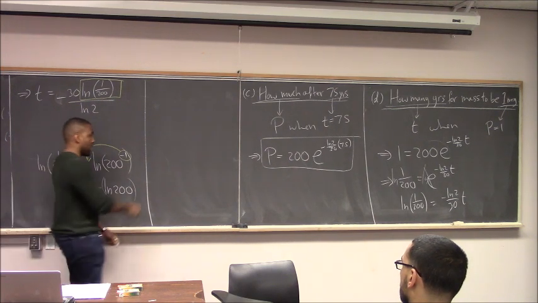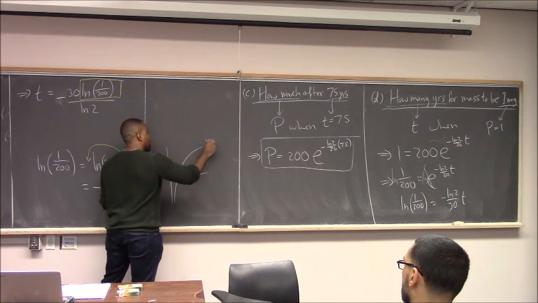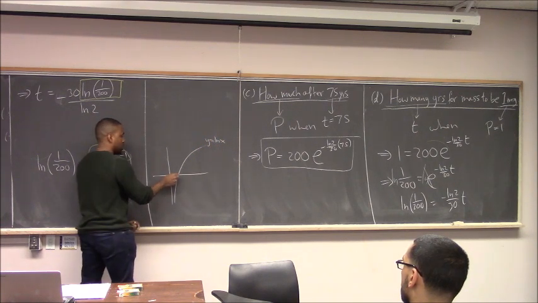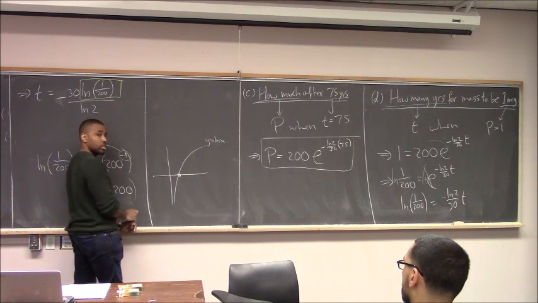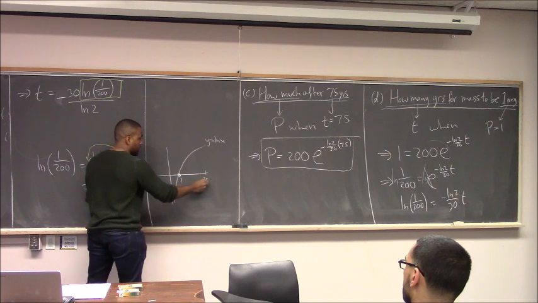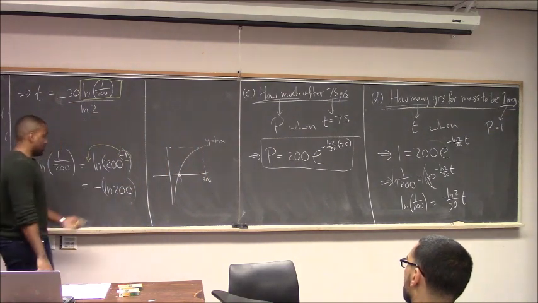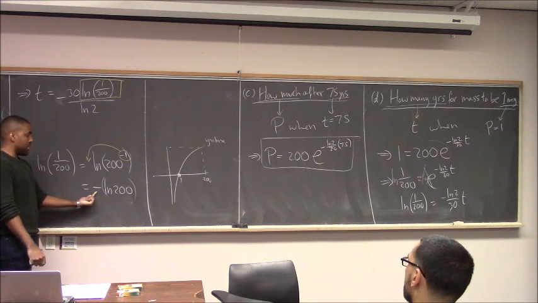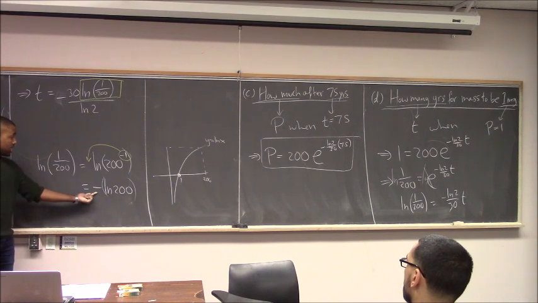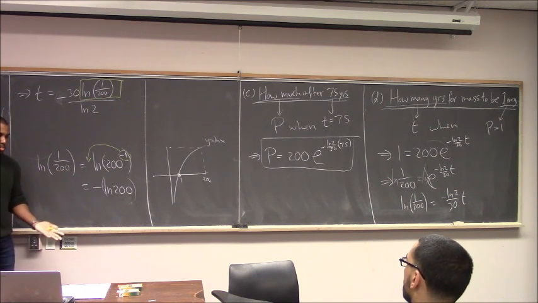Well, we know that from the graph. So if my y equals ln x, what is this part here? That's 1, which means 200 is over here, which means the y value is positive. So this is a positive number, multiplied by a negative sign. That gives me a negative number, but that is equal to this. So this I know is negative, times this negative, it's positive. The answer actually makes sense.